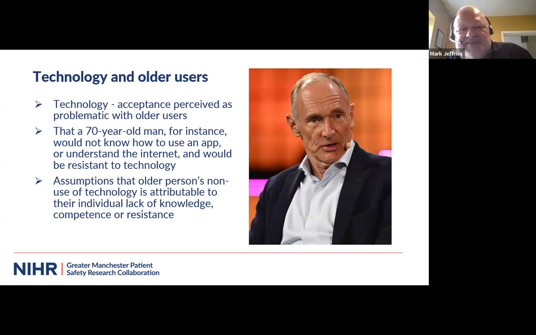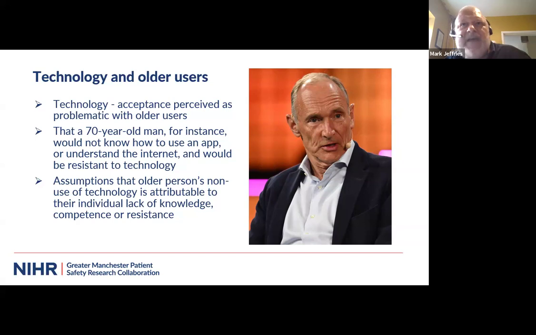As someone who is in their seventh decade, one of the things I find challenging, shall we say, within some of the technological implementation is this assumption that older users wouldn't be able to use technology. We design an app, they wouldn't understand it, they wouldn't know the internet, they'd be resistant to technology.